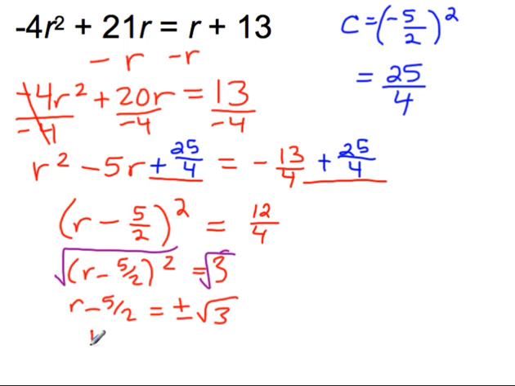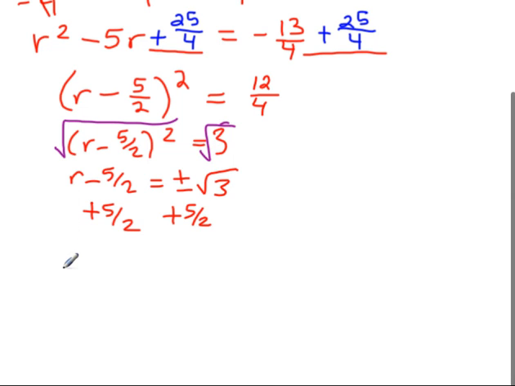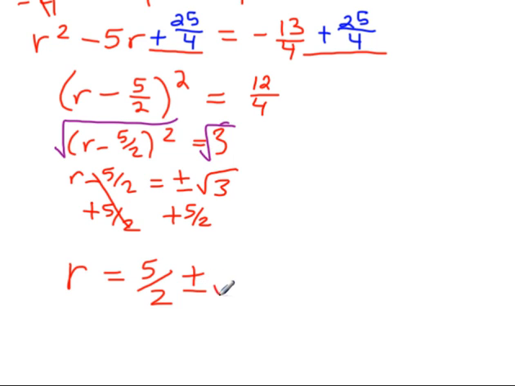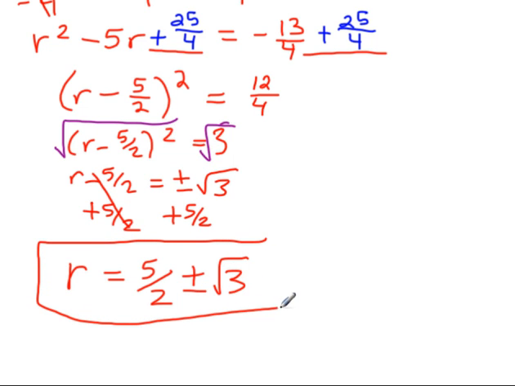Now we add 5 halves to both sides. And we end up with r, this cancels out, equals, I'm going to put the 5 halves first, and then plus or minus the square root of 3. And there's our solution for that problem.